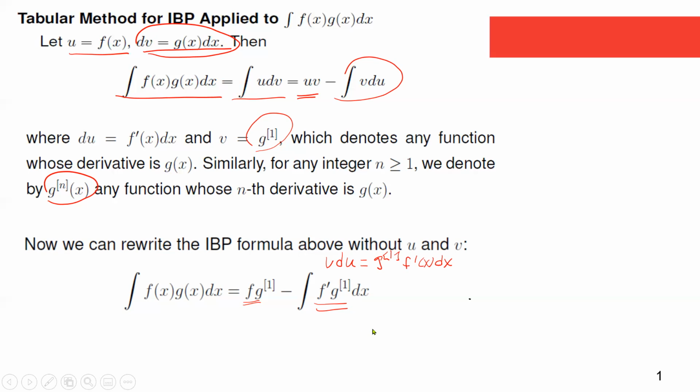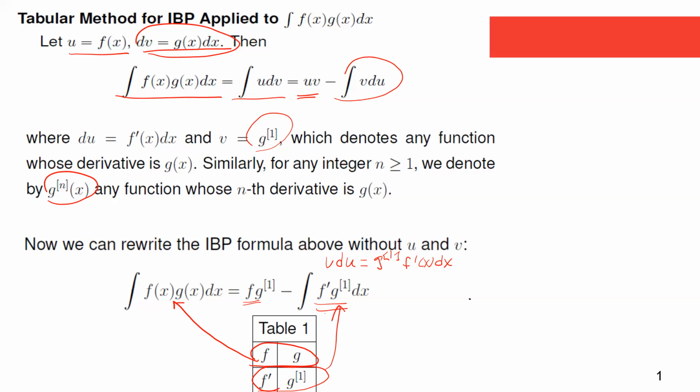Okay, this is important, and we can easily remember this formula using this table. Notice that the left-hand side is the integral of the product of two functions, in the first row f and g. The integrand on the right-hand side is the product of the functions in the second row here.